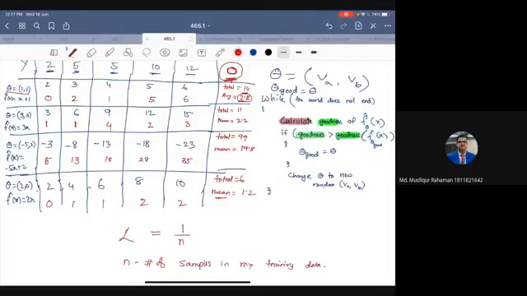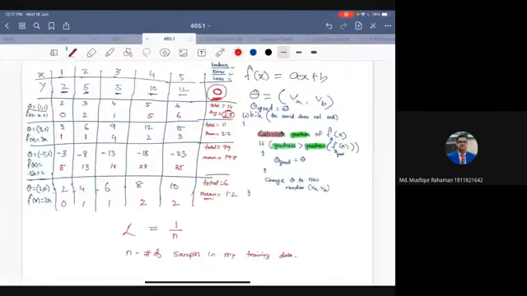Okay. Now, why is it the training data? Because I am calculating the goodness and the badness of my parameterization based on the training data, on this data. That's why I'm calling it training data for now.